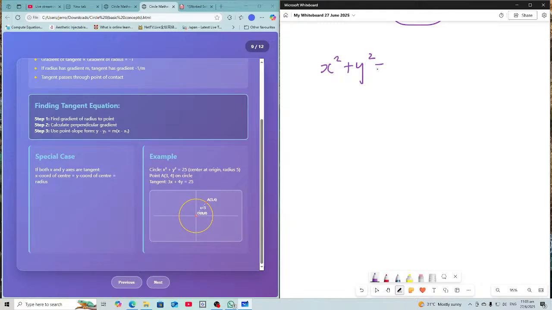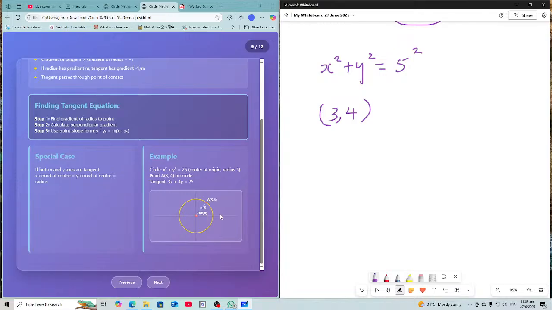The point is this: they tell you that (3, 4) is on the circle, so it's on the circumference, and they ask you what exactly is the tangent to that circle. So what you must know is this.